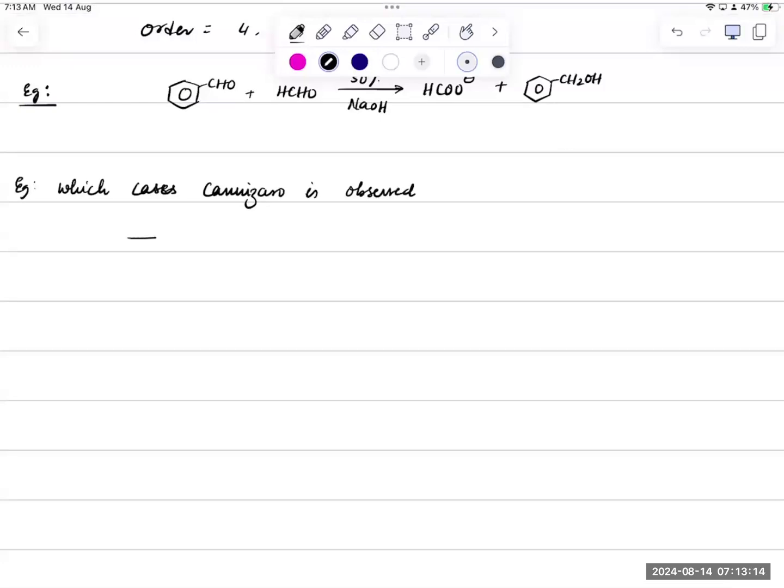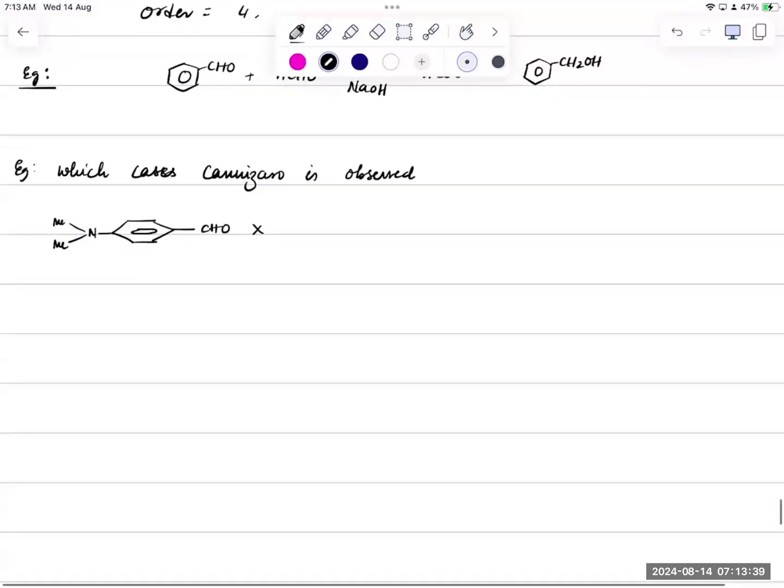So, for example, if I take benzene with nitrogen having two methyl groups here and CHO. Now, this nitrogen is so strongly donating, forming an enolate-like ion, that it becomes very, very challenging. So that's why Cannizzaro is not observed here. Got it?